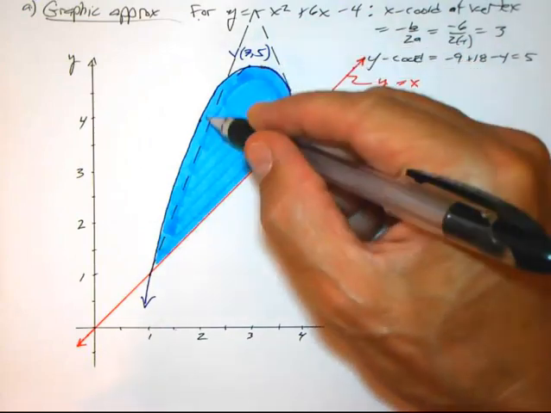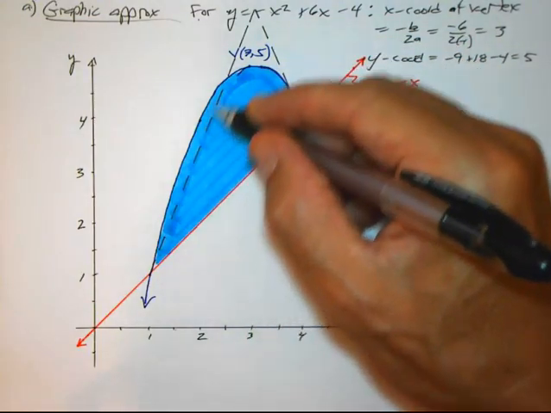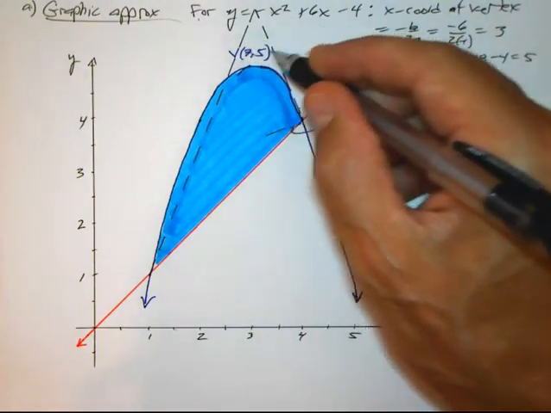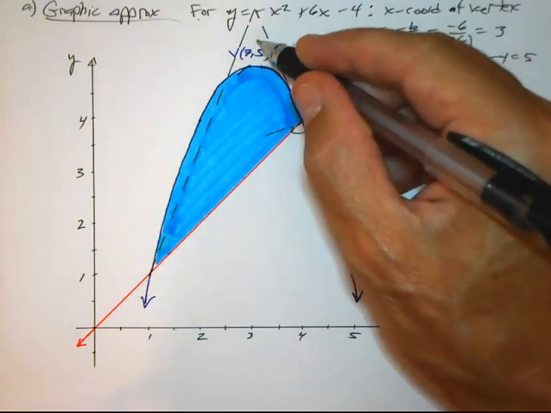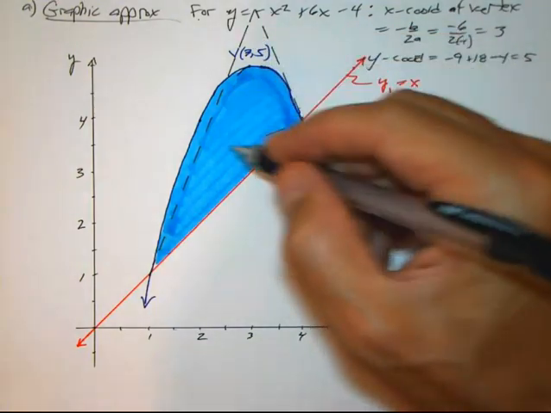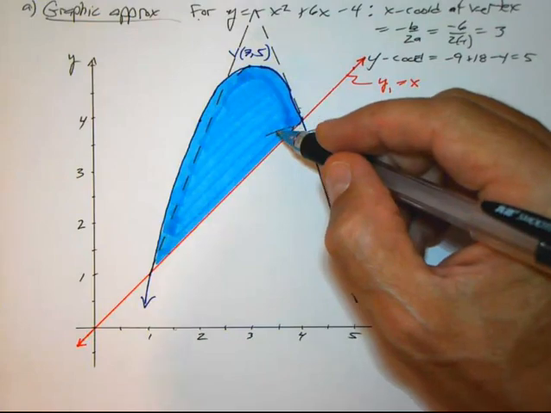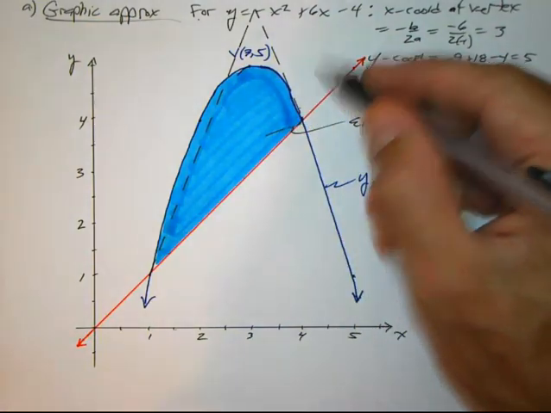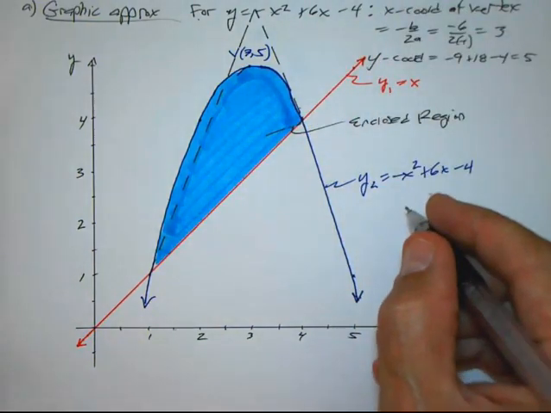Okay, so just visually, it looks like this could fill in this here, and so this triangle might have the same area as the region in question. So I'll make a note of that.